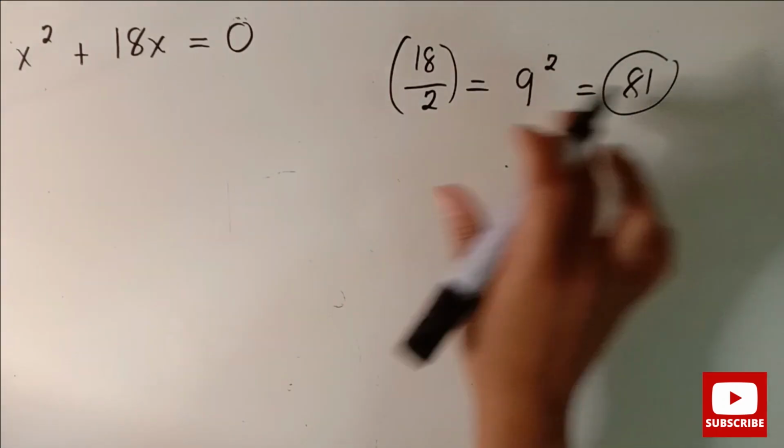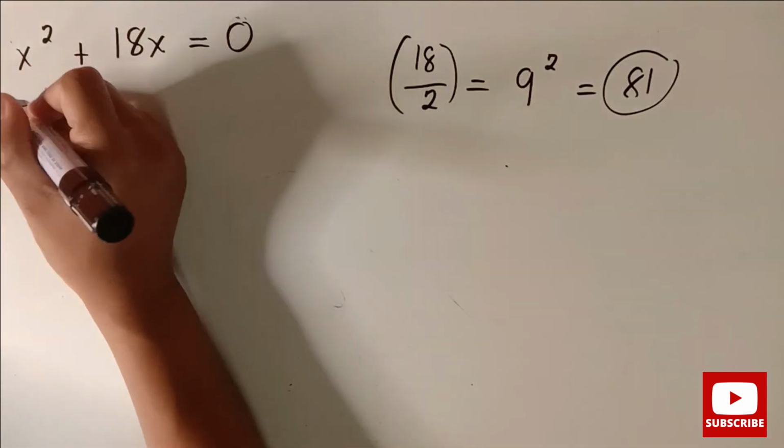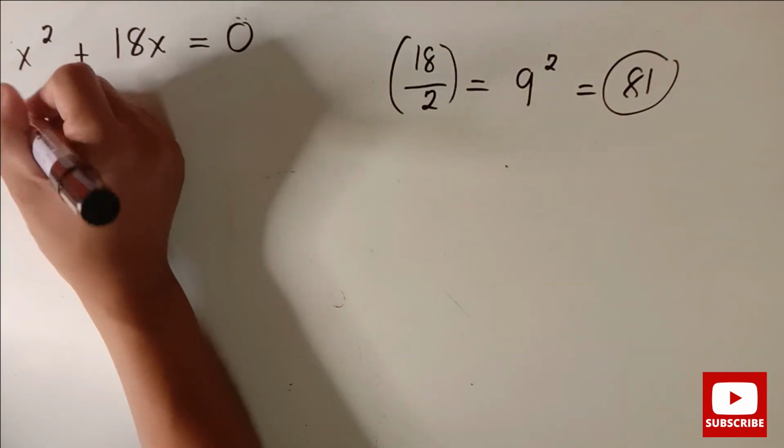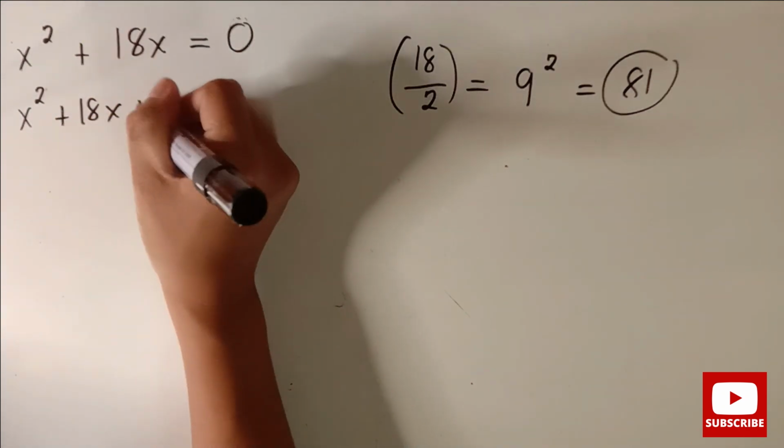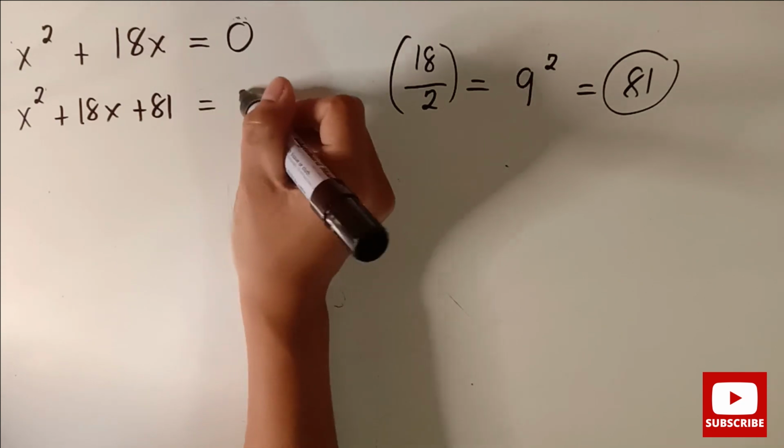Therefore, we are going to add 81 on both sides of the equation. Hence, it will become x squared plus 18x plus 81 equals 81.